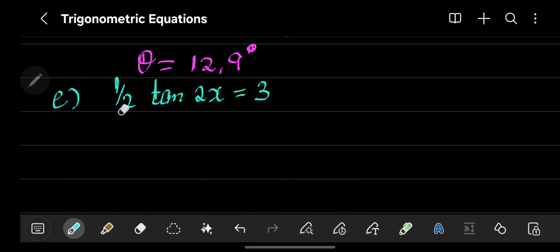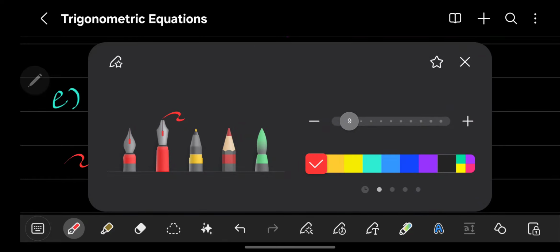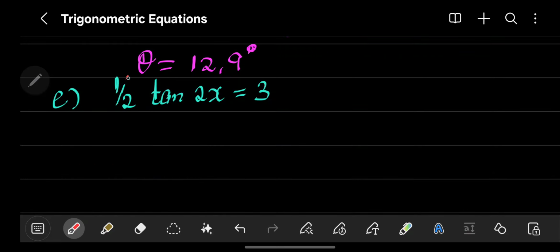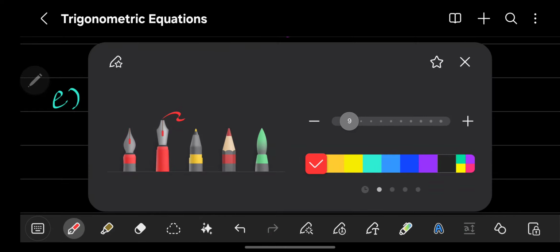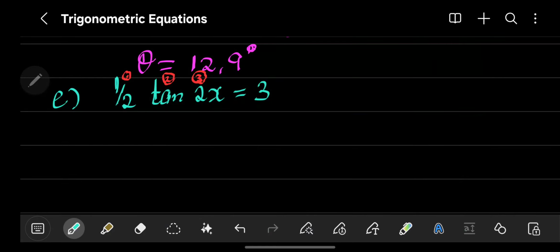So we're going to remove this one first, and then after that we remove the trigonometric ratio, and the last one to be removed will be that one. Is that difficult? Not at all. The first thing we want to remove is 1/2.